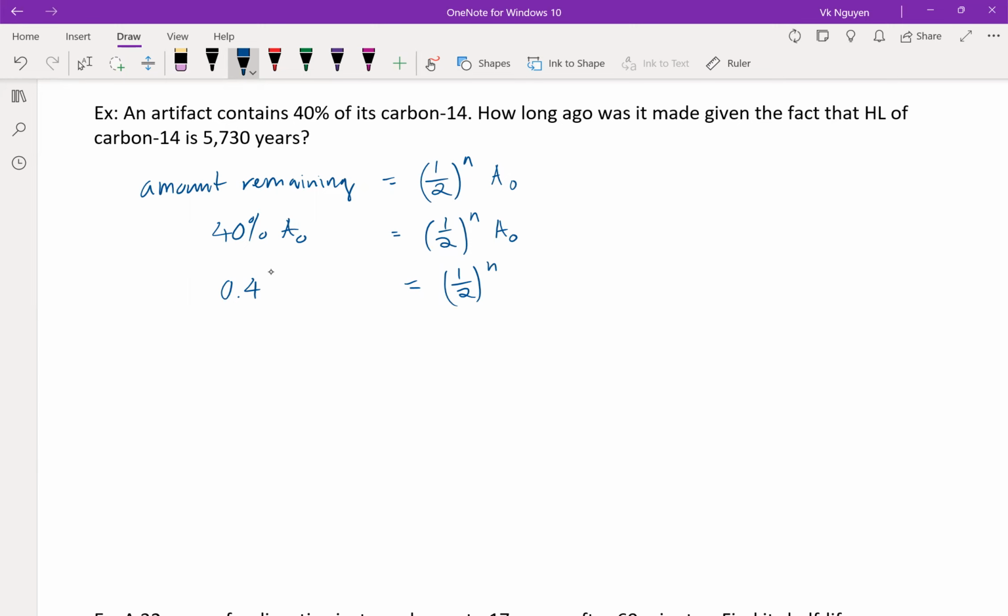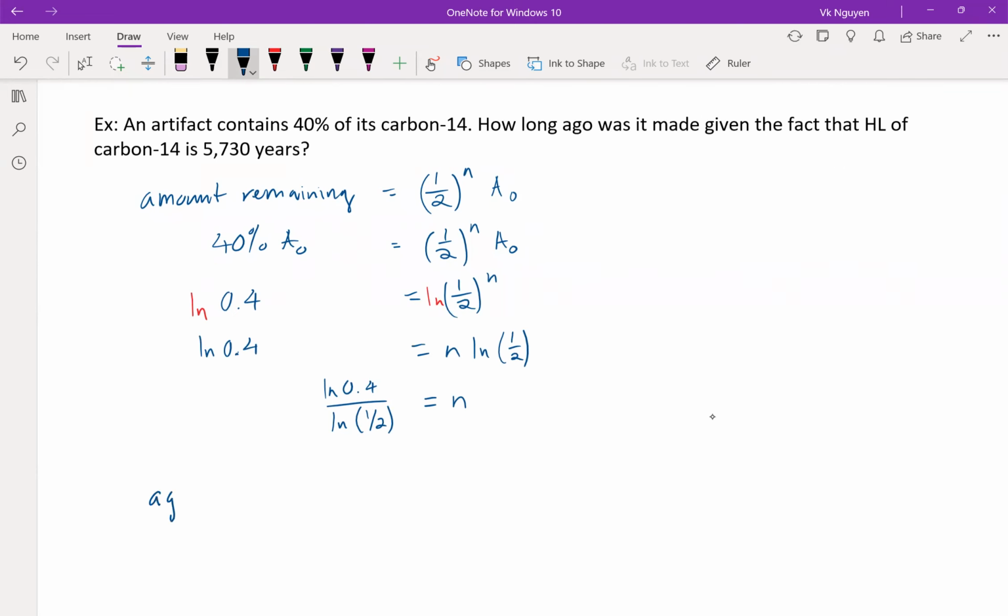And then from here, we can figure out n. Take ln on both sides: ln 0.4 is n ln 1/2. So it means n is ln 0.4 over ln 1/2. To find the age, we use the formula: age is n half-lives.